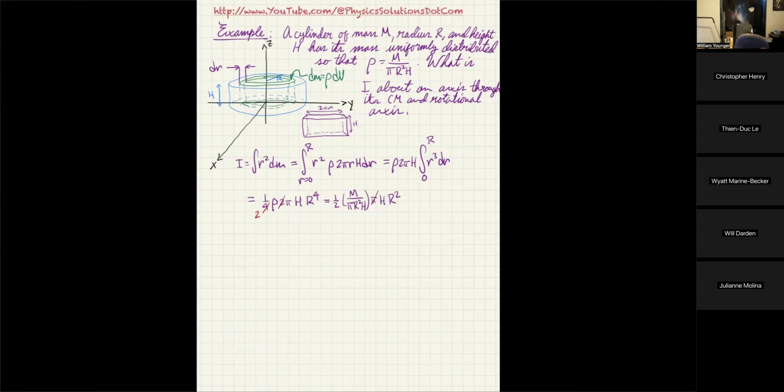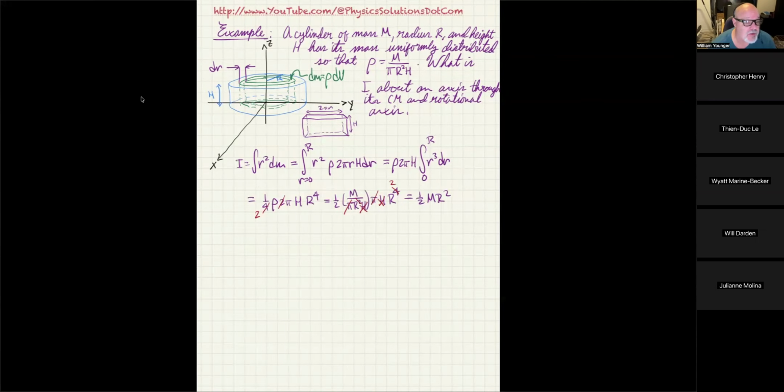So this pi is going to cancel out with this pi. This r squared is going to cancel out. Ooh, that's supposed to be an r to the fourth up there. I don't know why I wrote a 2. I think I already canceled it. Oops. So this is a 4. So that 4 is going to cancel out, leaving a 2 there. And this h is going to cancel out with this h. So that ultimately all I get is 1/2 m r squared.